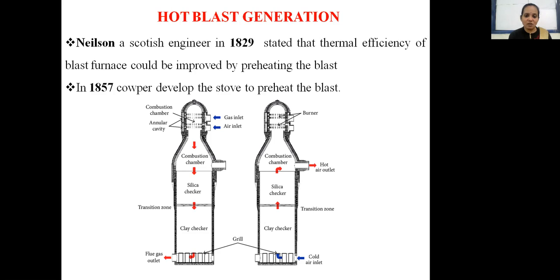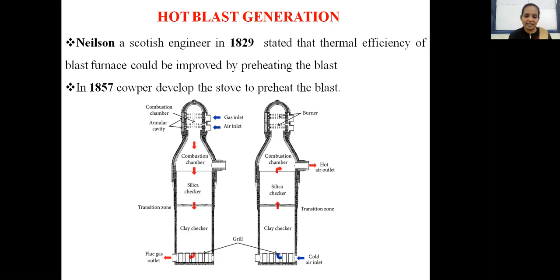How do the stoves work? The carbon monoxide gas enters into the checker brickwork in the stove. The heat generated by the burning of the gases is absorbed and kept by the checker brickwork.